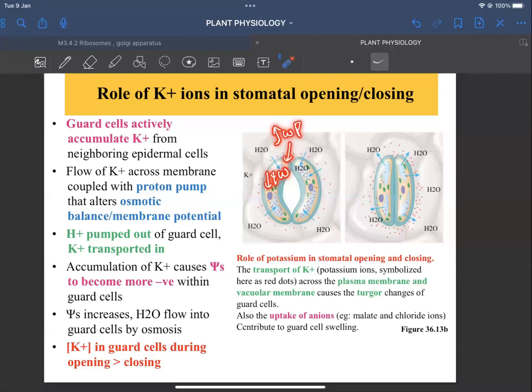So all the water is going to flow into the guard cells through the process of osmosis. The solute concentration in the guard cells will be higher during the opening of the stomata, because all the potassium ions have entered the guard cells.